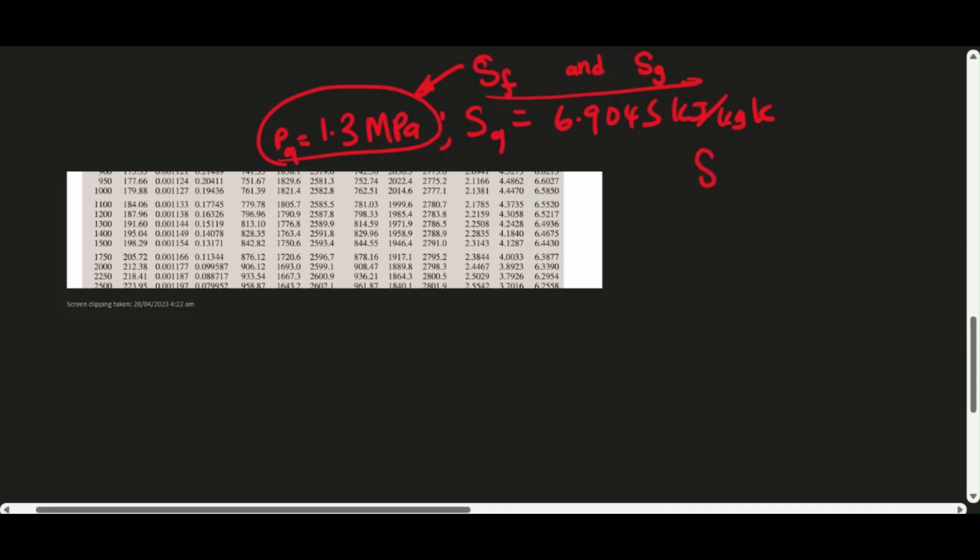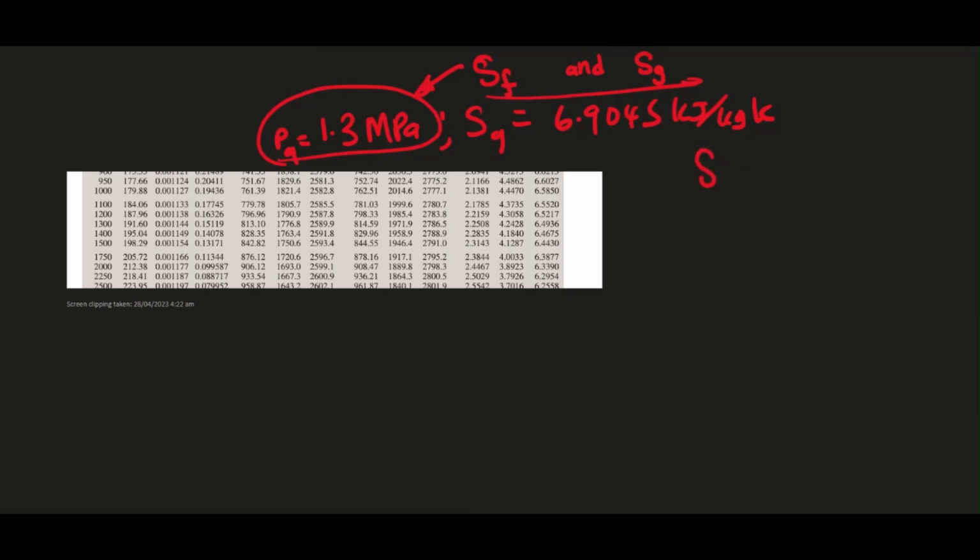If S9 falls between SF and SG, then I can read off my properties. I will need to find quality, in other words, if it's in between.